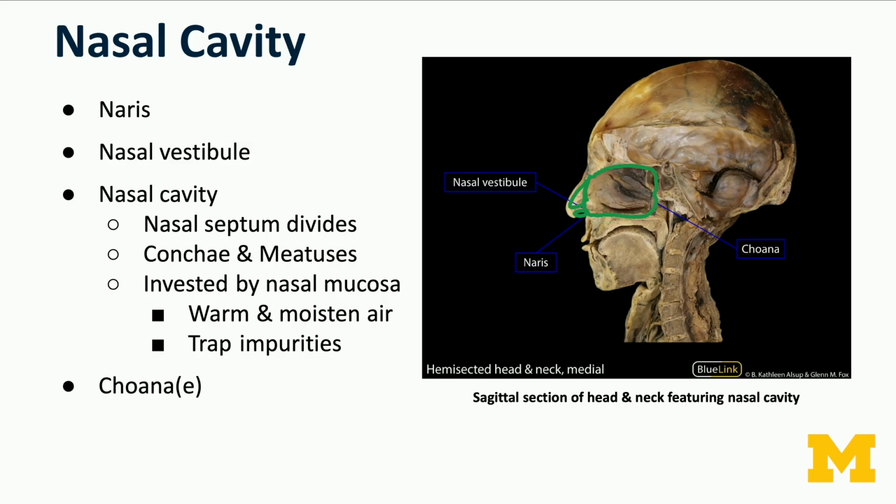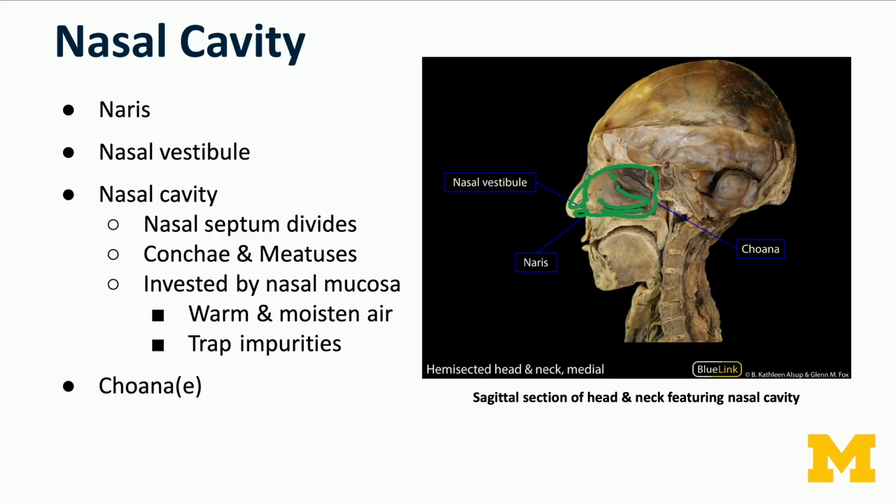When we look along the lateral wall of each nasal cavity, we see that there are elaborations of bones. We call these nasal conchae. So there is the inferior nasal concha, and below that, the inferior nasal meatus.